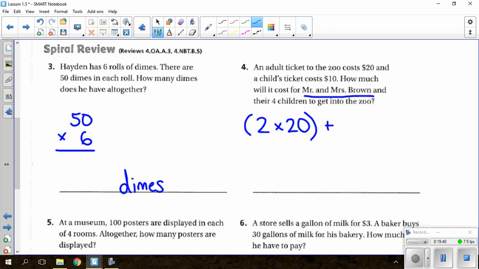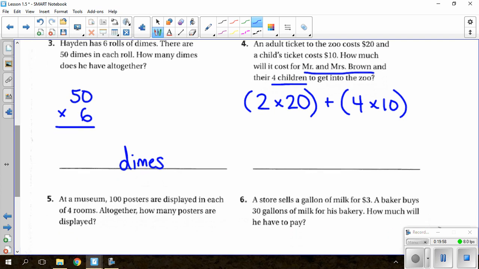Plus, now it says their 4 children are going, and remember each child costs $10. So we are going to take 4 times 10. Remember, solve both sets of parentheses and then add those 2 answers together, and that will give us the total amount that it will cost the Browns to go to the zoo.